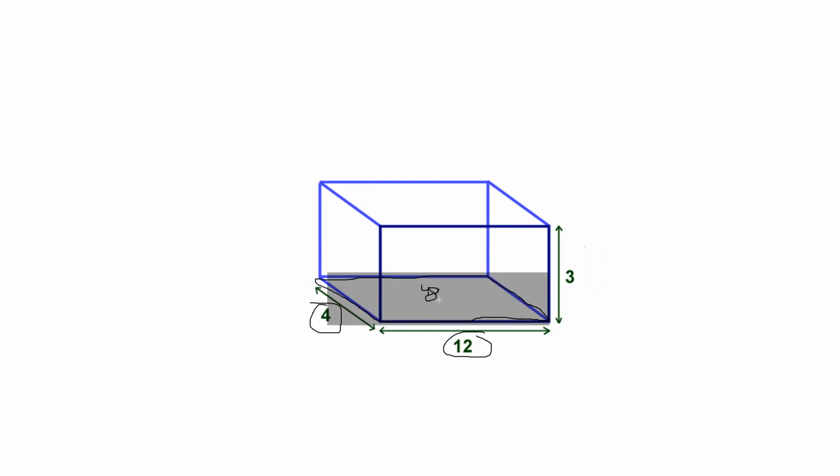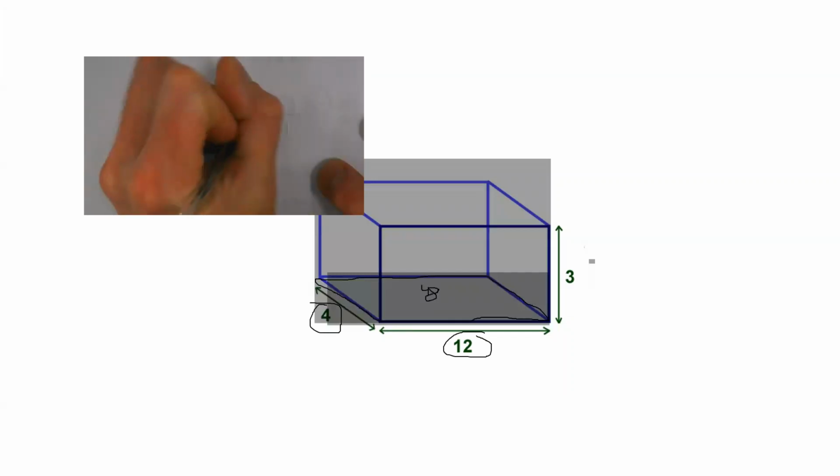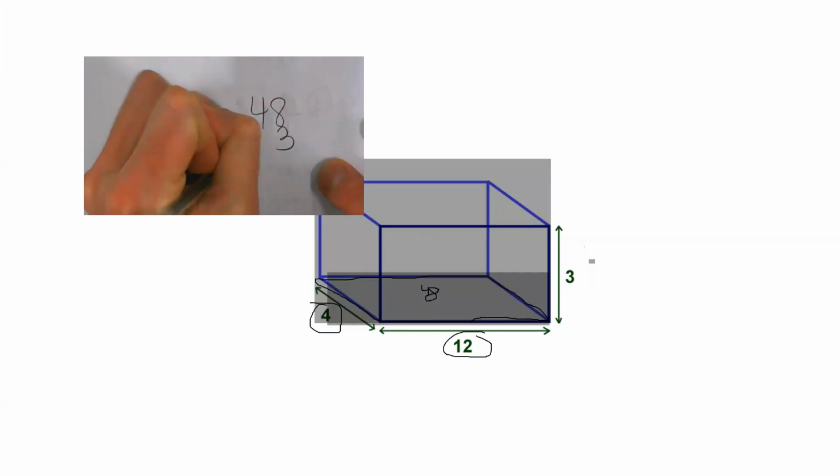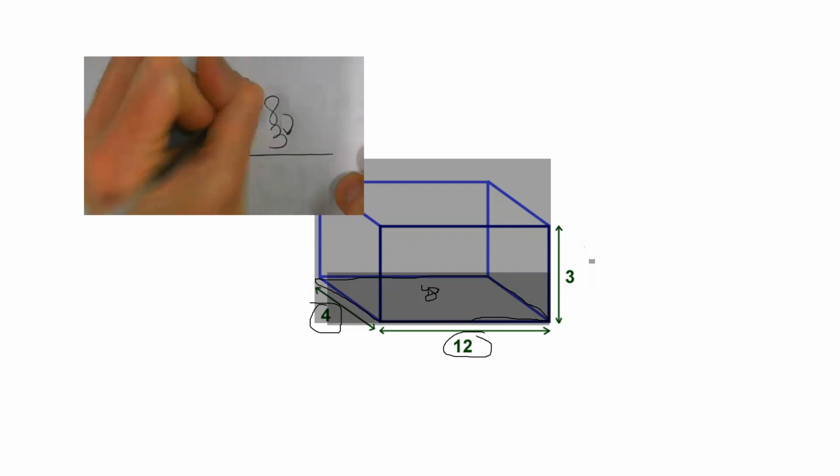So that's 48. In order to fill this entire container, I have to have 48 go up and down 3 times, because that is how high up and down it goes. When I do that, it fills everything. So I just have to figure out 48 times 3. 8 times 3 is 24. 4 times 3 is 12.